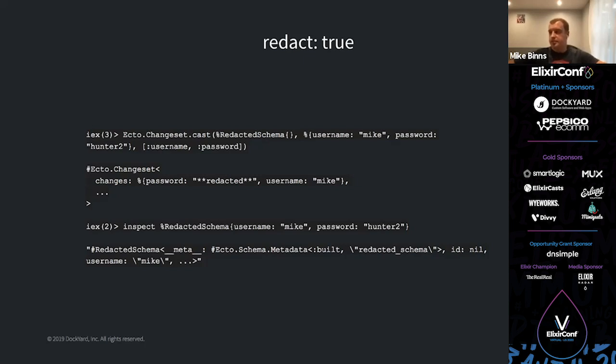And then the other one is simply, if you inspect the actual schema itself and it has a password in it, that password will not show up as one of the fields in the inspect, protecting that value.